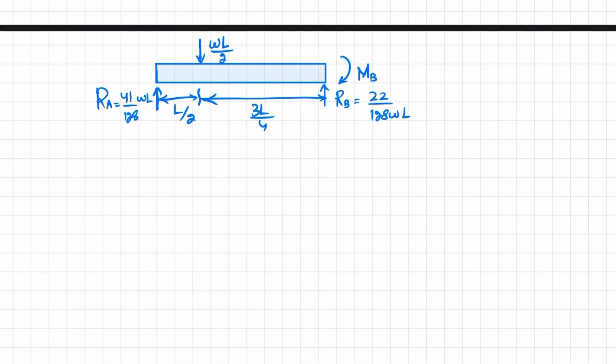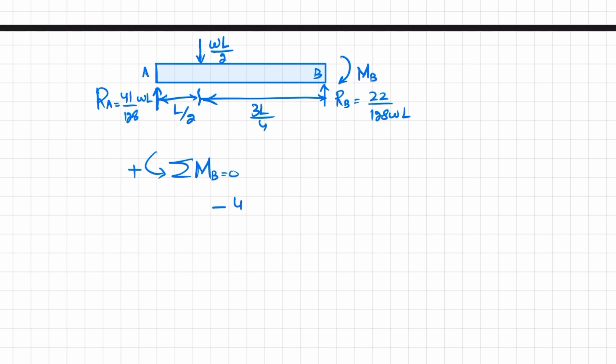Now we will apply equilibrium condition, that sum of all moments about point B is equal to 0. This is point B, this is your point A, and taking the counterclockwise moment as positive. So moment about point B is RA into total distance L. RA is producing clockwise moment, so it will be negative.